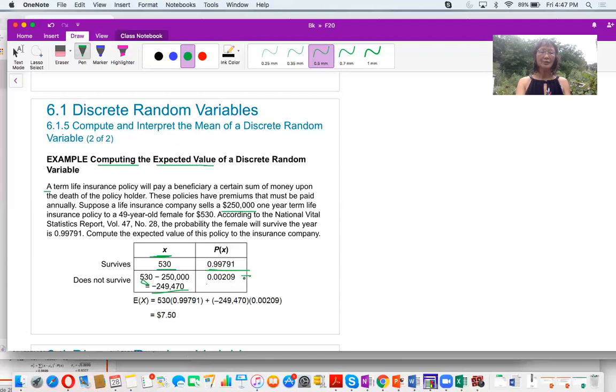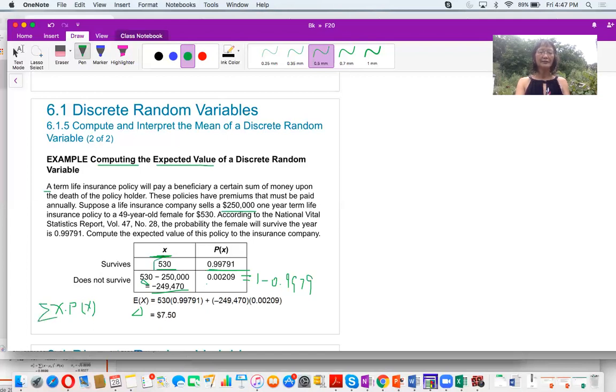You use 1 minus 0.99791, and you get 0.00209. And then the expected value of X, based on the formula, is X times P(x), X times P(x), and add them all, sigma.